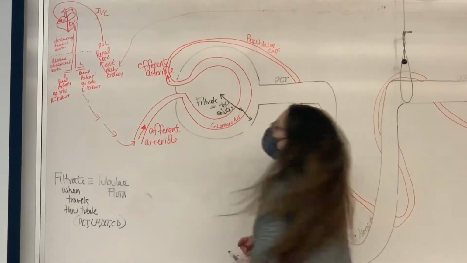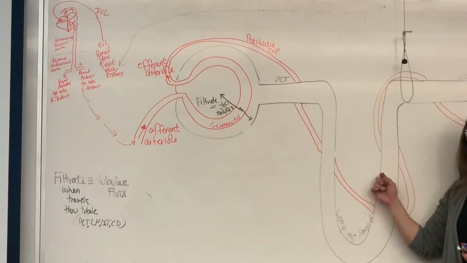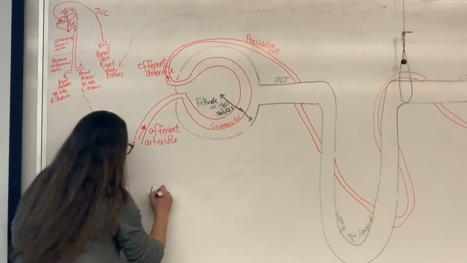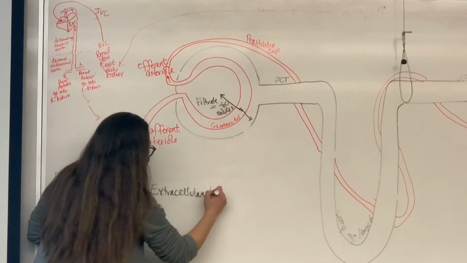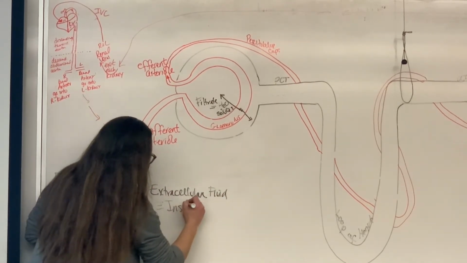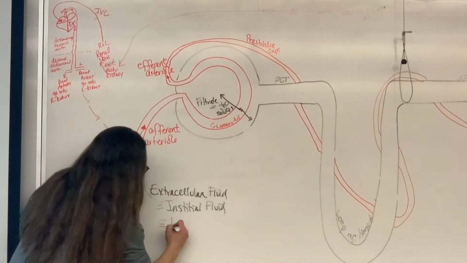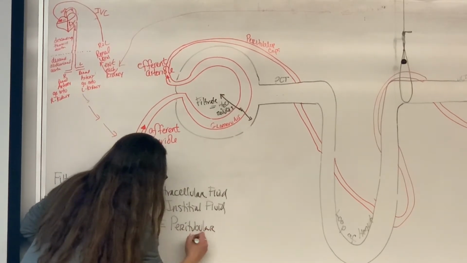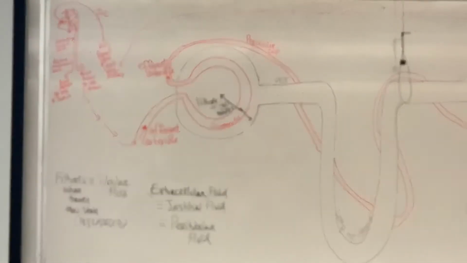They're going to call it the peritubular fluid, because it's around the tubule. So the extracellular or interstitial fluid out here is called the peritubular fluid.